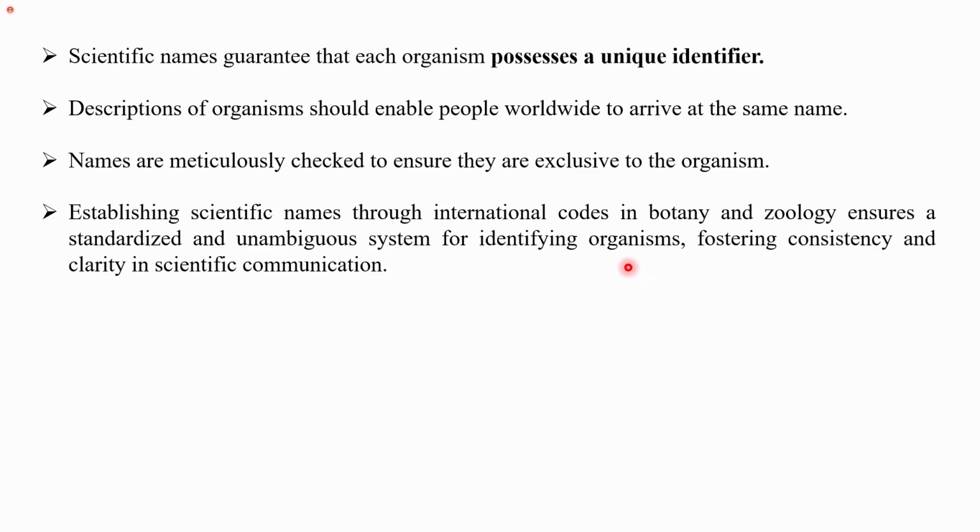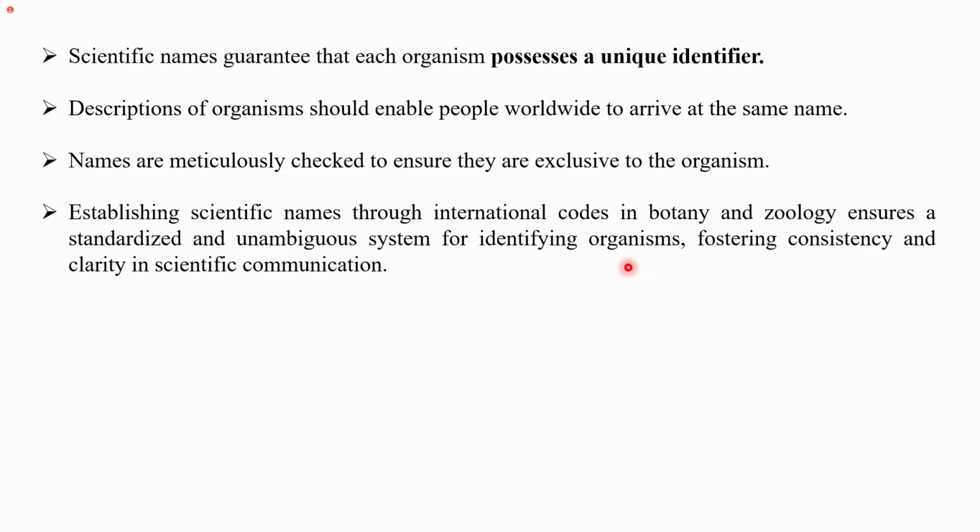So just like we have a unique ID, for example, we all have our Aadhaar cards which are unique to us. No two individuals residing in North India or South India may have the same Aadhaar card number. Every one of us has a unique Aadhaar card number.